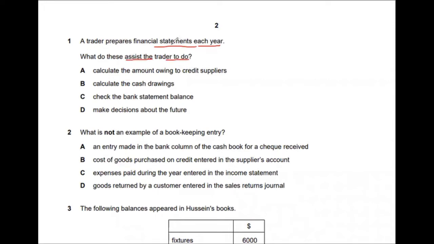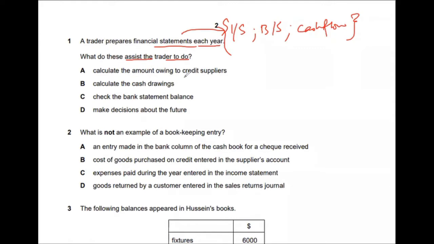A trader prepares financial statements, which will include income statement, balance sheet, and cash flow statements as usual. These are pretty standard financial statements. The question is basically asking how these financial statements help the trader.